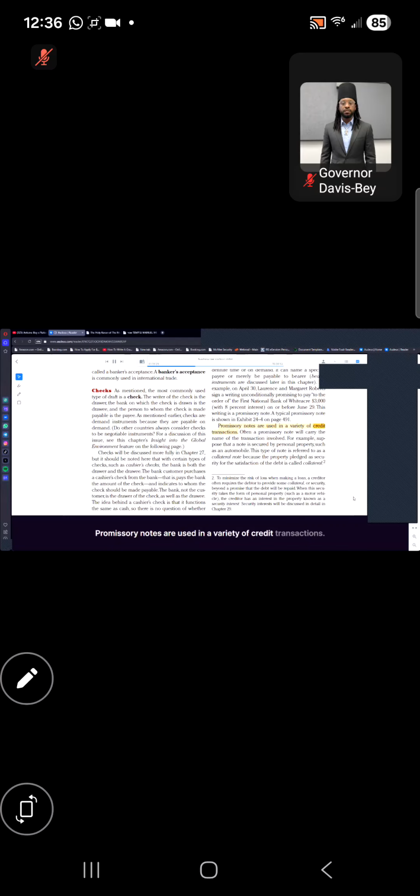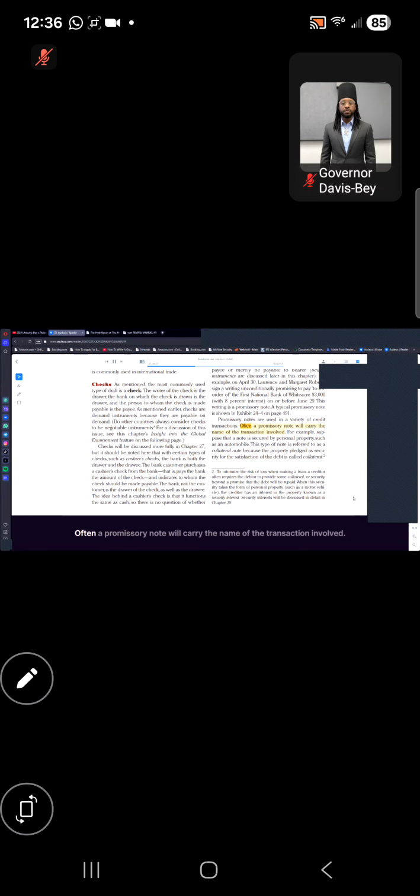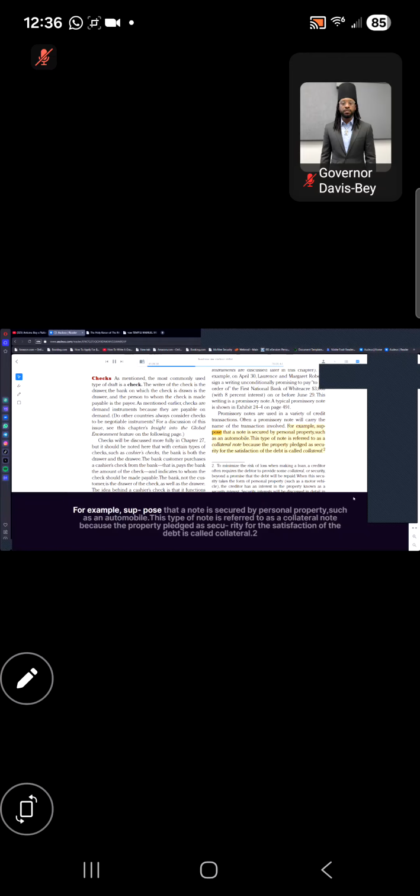Promissory notes are used in a variety of credit transactions. Often a promissory note will carry the name of the transaction involved. For example, suppose that a note is secured by personal property, such as an automobile. This type of note is referred to as a collateral note because the property pledged as security for the satisfaction of the debt is called collateral.